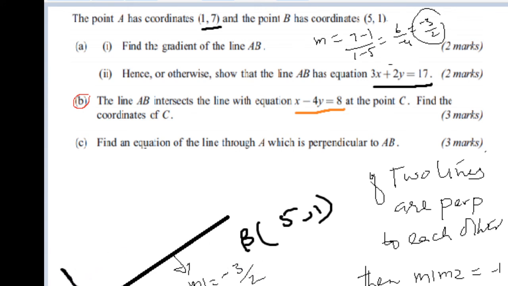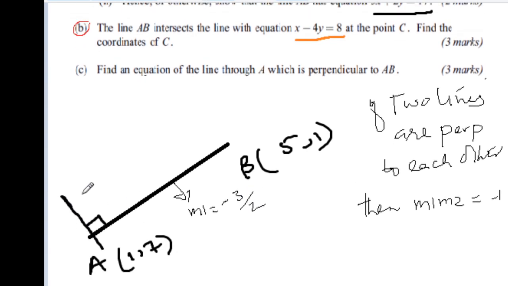So this gradient, let's say this one is m2, becomes the reciprocal. Just reciprocate the value of m1, which is now 2 over 3, but with the opposite sign.